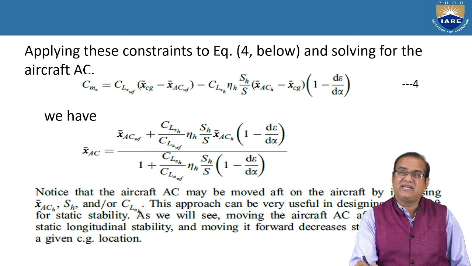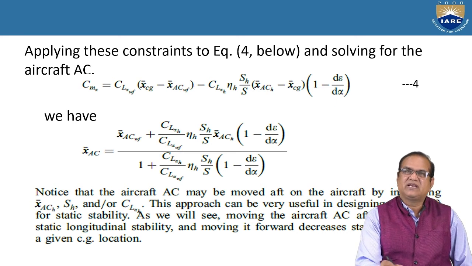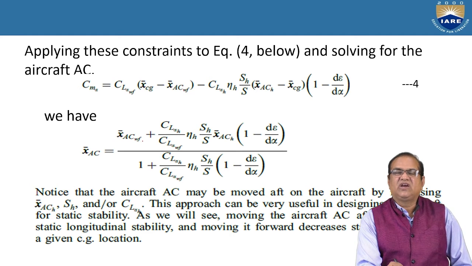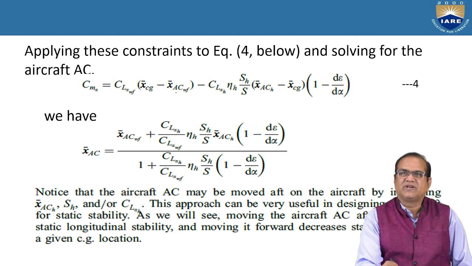This we have already derived in our 4th or 5th class. So here we have to find out XAC. We are interested in finding the location of the aerodynamic center. So this XAC is equal to XAC wing fuselage plus this one here.